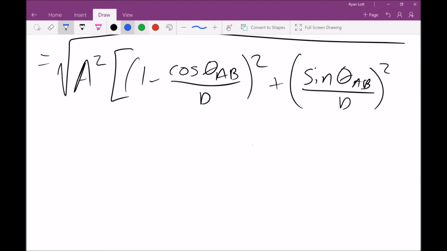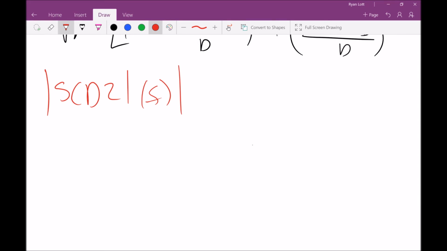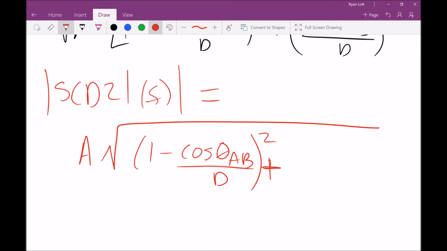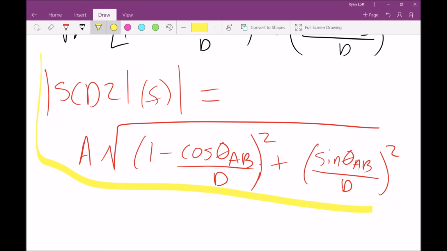I'm going to write it in red: the magnitude of SCD21 at a particular frequency point equals A times the square root of (1 minus cosine theta AB divided by D) squared plus (sine theta AB divided by D) squared. Whew. I know that was a lot, but this is it. This is our general formula.